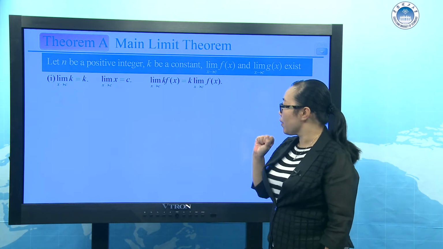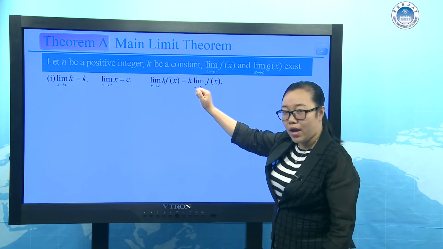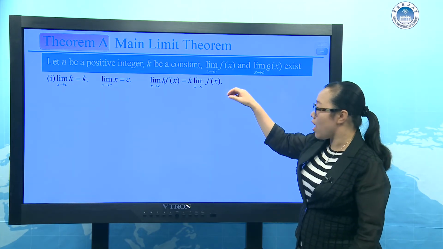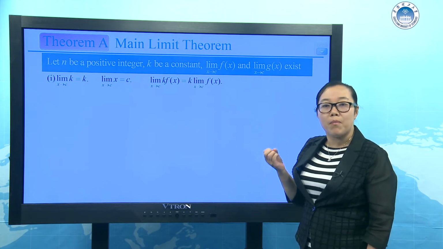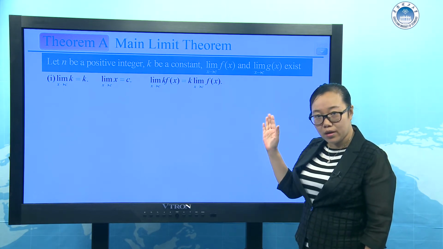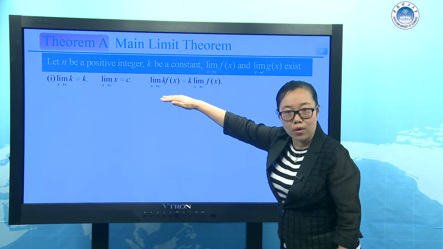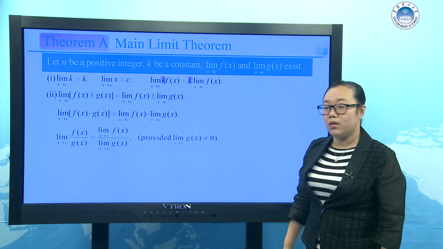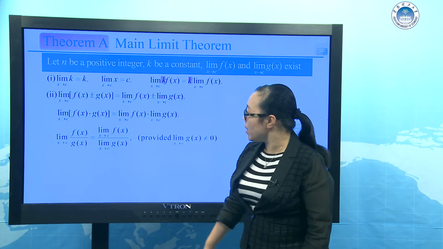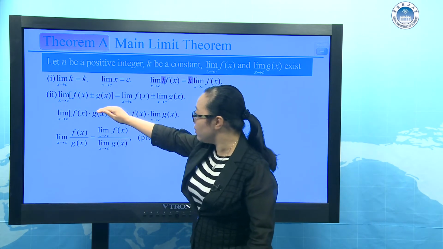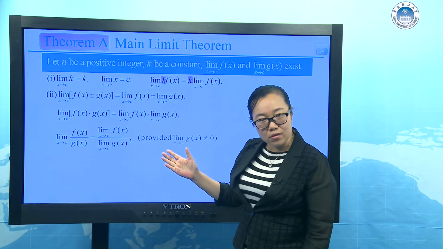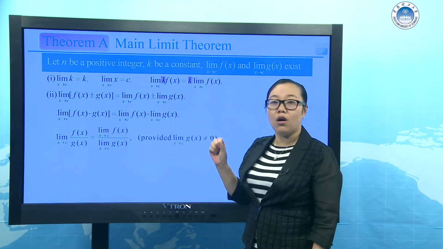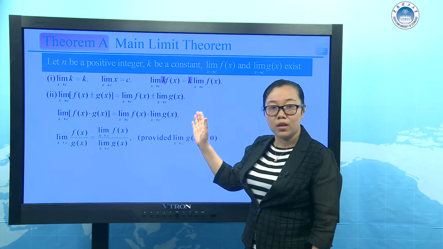Look at the third. The limit of k f(x) equals k times the limit of f(x). K is a multiplier, so k is taken out from the expression. Pay attention to the number k. Now look at this. The limit of f plus or minus g equals the sum of the two limits, or the difference of the two limits.